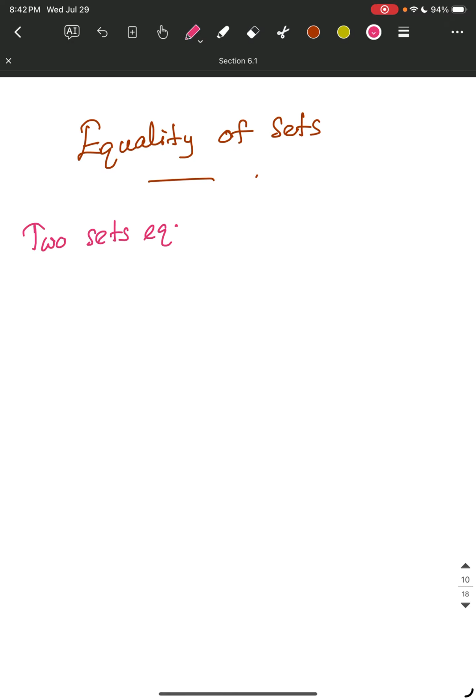Okay, then let's move forward. How can we say that two sets are equal? So, equality of sets. Two sets are equal if they contain exactly the same elements.